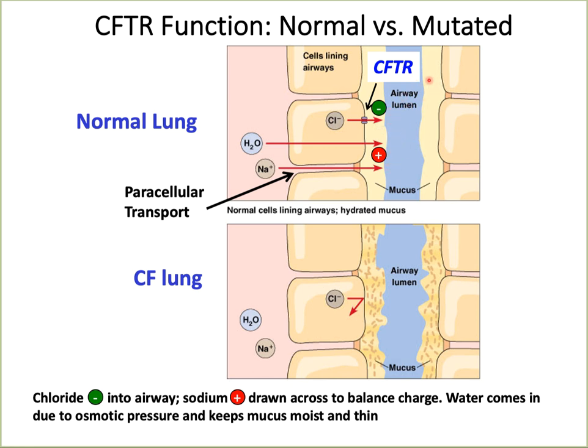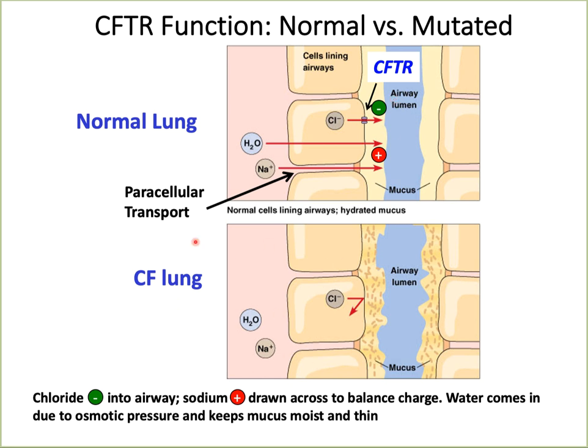In response to the high concentration, water is drawn across into the lumen in this area and hydrates the mucus. Water is moving across due to osmotic pressure because of the high sodium concentration in the mucus.